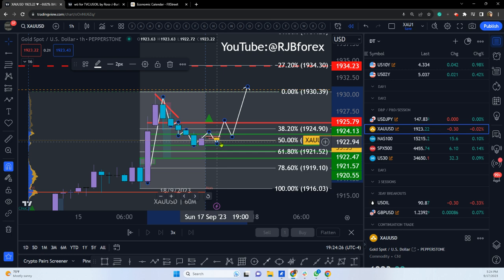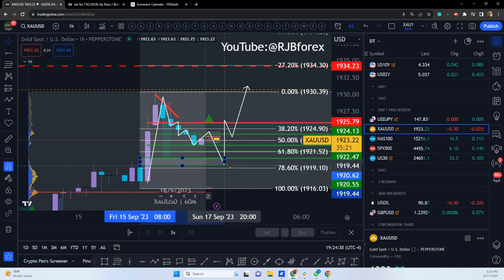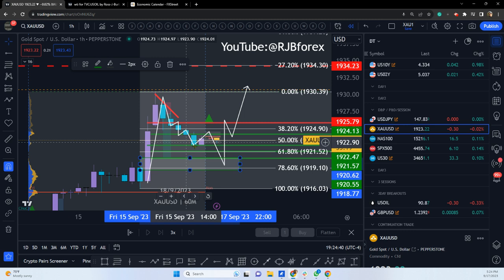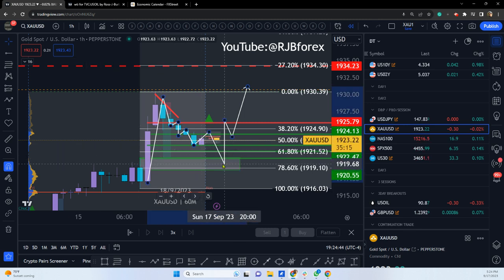There's still room for a continuation to the downside. I'm not saying that's going to play out exactly like that. It could well come lower. Certainly got an imbalance between here and there to fill. Perhaps it will.